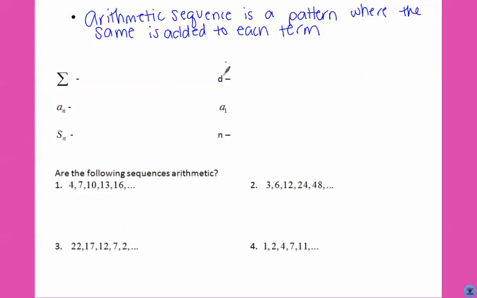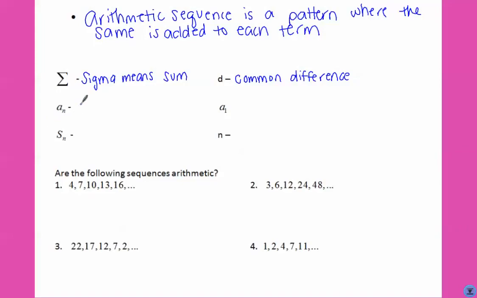So here are some symbols that we're going to be using in our formulas for this. We have this big E looking thing. This is called sigma, which means sum, as in add them all up. D is going to stand for our common difference. This is the number that you're adding by each time in the sequence.